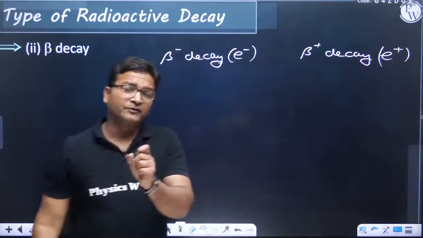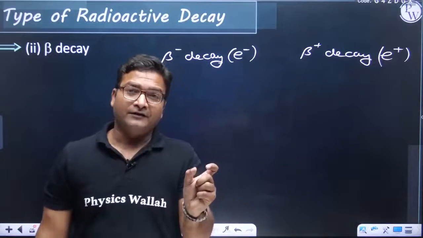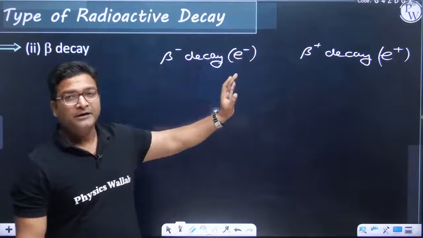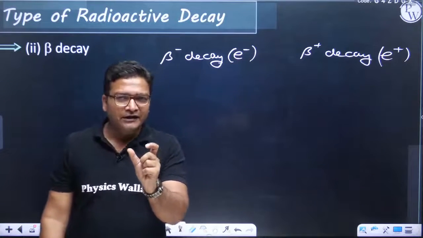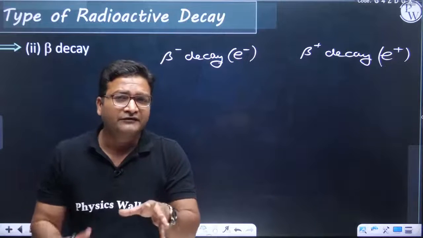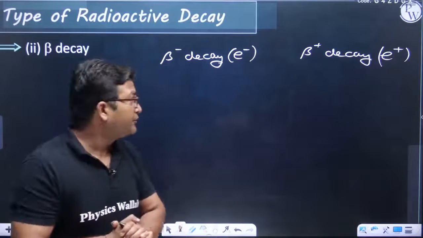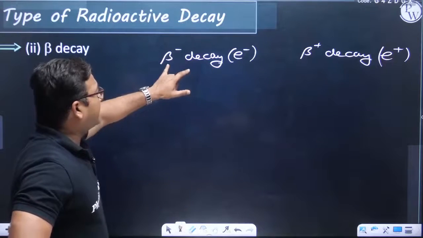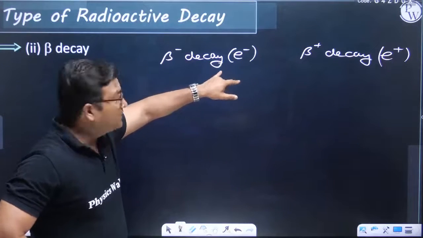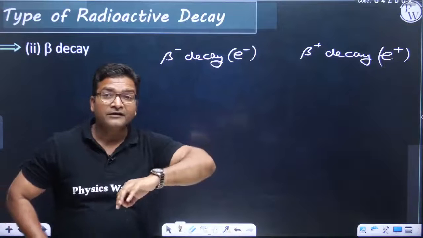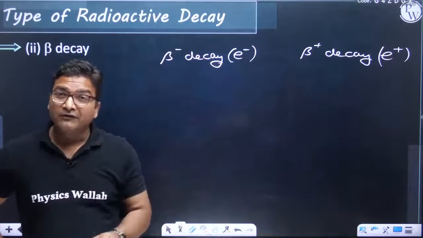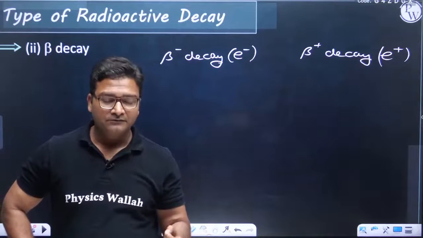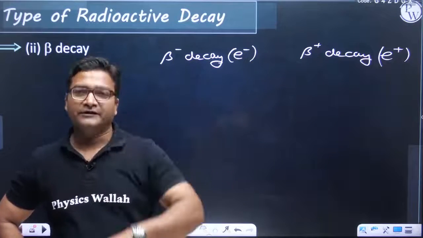What is a positron? A positron is the antiparticle of the electron. It has the same mass as an electron but charge equal and opposite to that of the electron, that is equal to the charge of a proton. But the electron that you see in beta minus decay is not an ordinary electron that revolves around the nucleus. This electron has come from inside the nucleus.